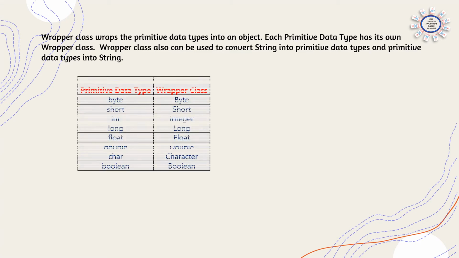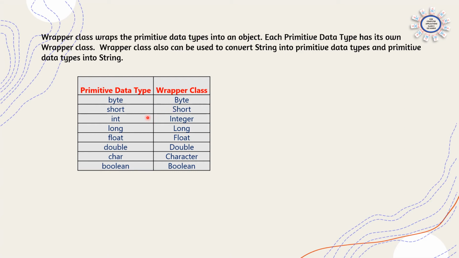And each primitive data type has its own wrapper class. They can also be used to convert integer strings into primitive data types and primitive data types into strings. So here we can see the wrapper classes of the primitive data types. Except int and char, for converting into a wrapper class, just change the first letter into a capital. Here we can see byte, B capital, and the same word.